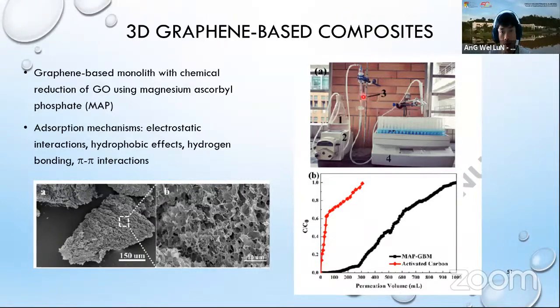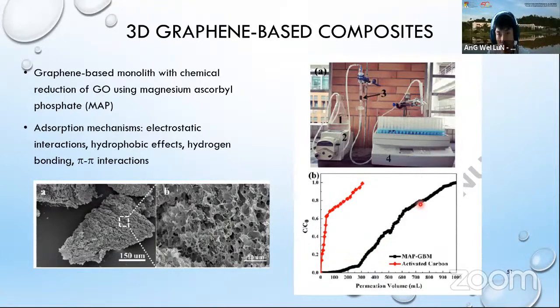But in this case, if you have the aerogel or the hydrogel of the 3D graphene composite, it shows that it can filter more pollutants. Okay, even until, let's see, if activated carbon after 350 ml is already saturated, it means you have to take it out and then regenerate it.